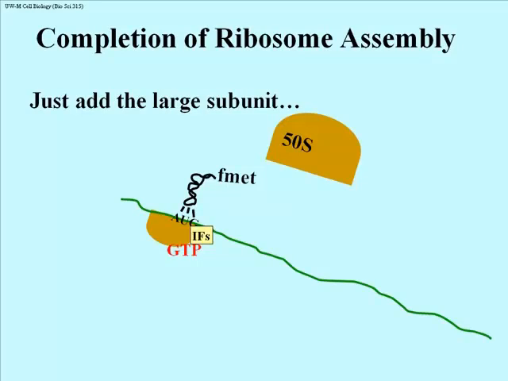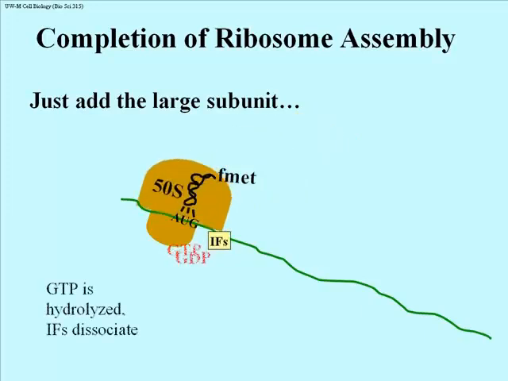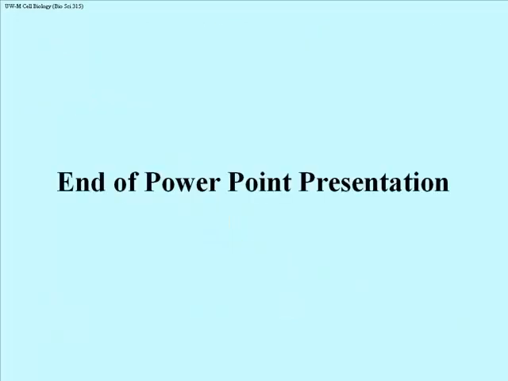So here, all you had to do, once you had the initiation complex, was add the 50S subunit, and the GTP was hydrolyzed, the GDP dissociated from this structure, and all of the initiation factors also dissociated from the structure. So that brings us to the end of this presentation.